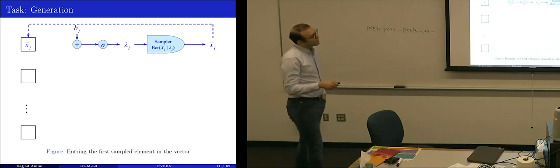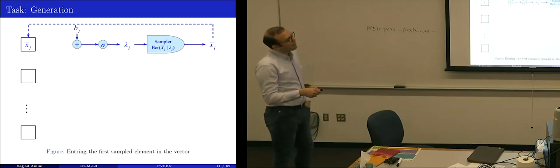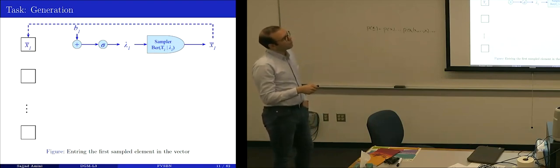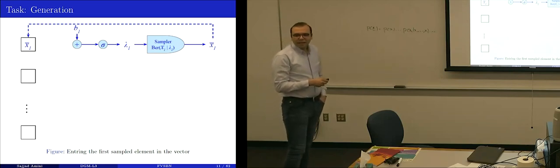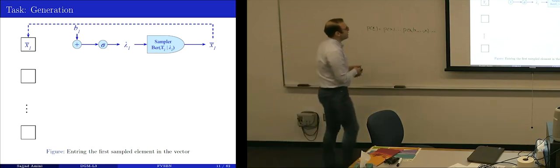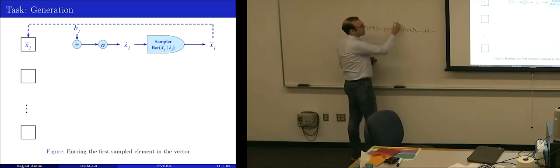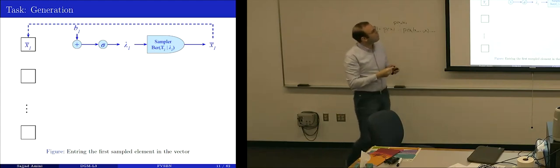So what do I do next? I put this x bar 1 into the vector because it is generated now. And how do I want to use this element to generate the distribution over the second element? I need this first one. So I use the x bar 1.